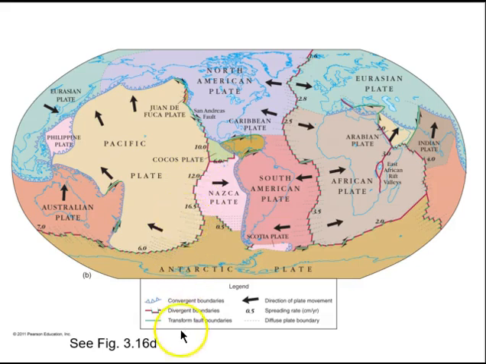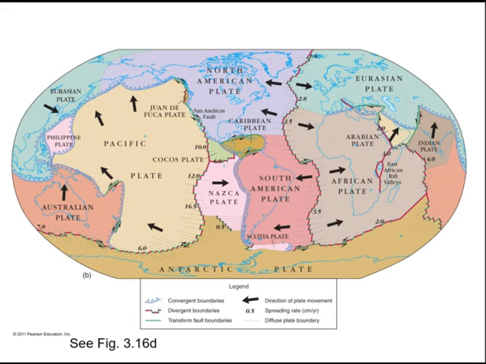And all of your straight blue lines represent transform fault boundaries. The big arrows are showing you the direction of the movement. So I want you to pause the video until you're ready to proceed once you have identified the motion of all of those locations.